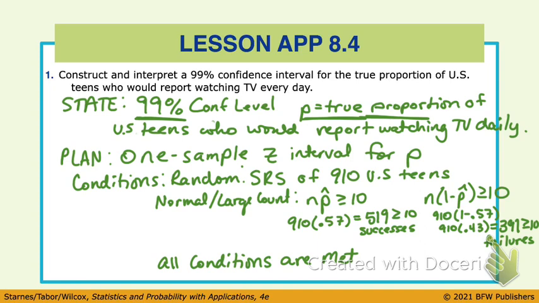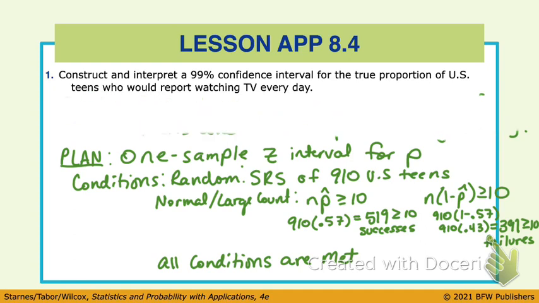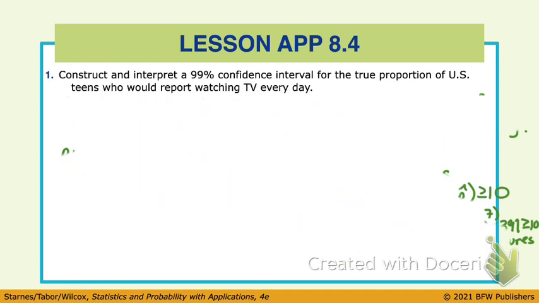So we've stated, we've planned. Now, unfortunately, I'm out of room. Hopefully you still have some room, but I'm going to go ahead and erase what we have here so that I can continue writing. Hopefully you still have room. If not, you might want to turn over on the back of the paper if you need to.